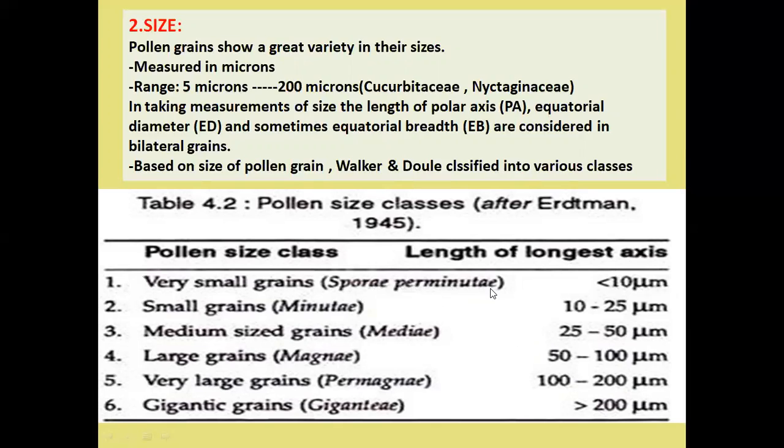The second class is small or minute, 10 to 25 microns. Medium sized grains are 25 to 50. Large grains are 50 to 100. Very large grains are 100 to 200. And very rare gigantic grains are greater than 200 microns. In this way, we can classify pollen into different classes according to size.